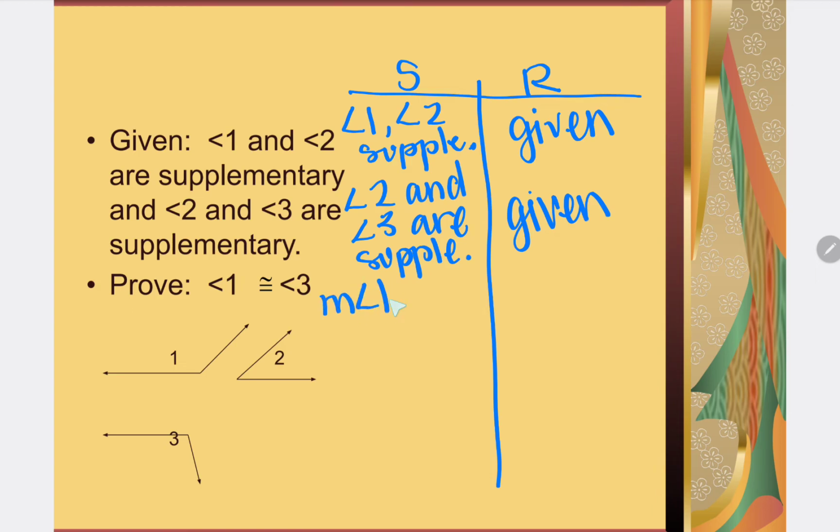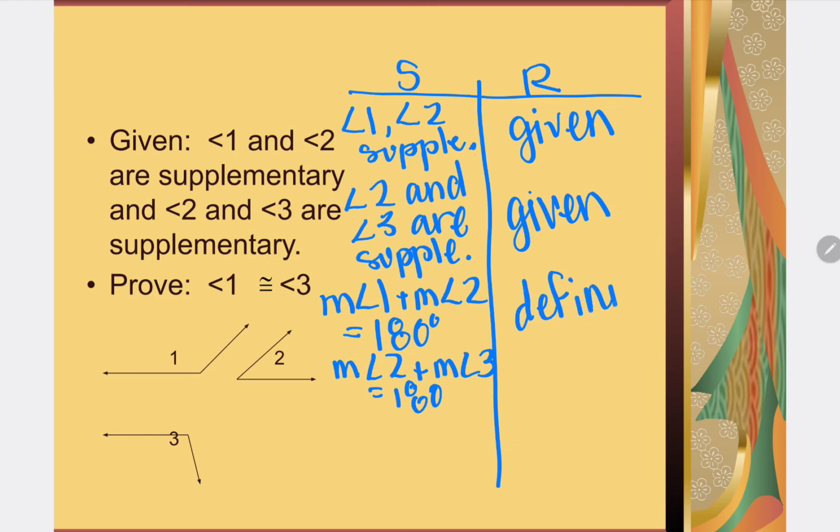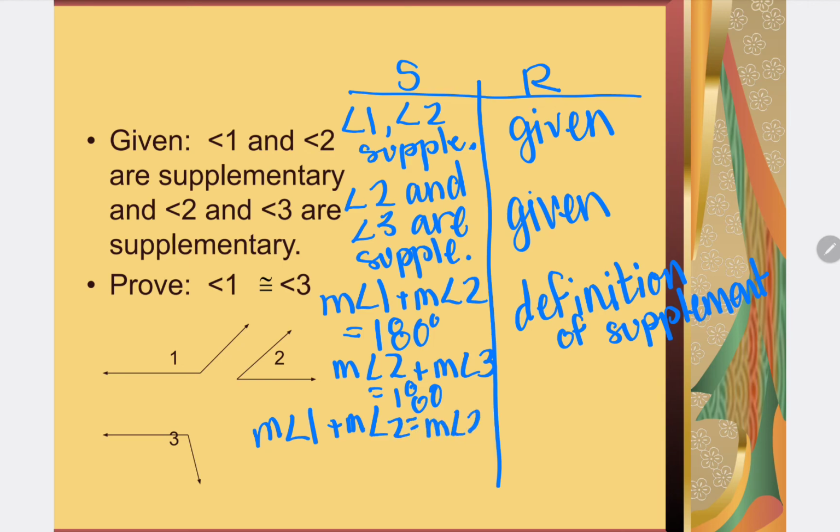Therefore, the measure of angle 1 plus the measure of angle 2 is equal to 180. The measure of angle 2 plus the measure of angle 3 is 180. Both of these by definition of supplementary. We can then write that the measure of angle 2 plus the measure of angle 3 is equal to the measure of angle 1 plus the measure of angle 2.